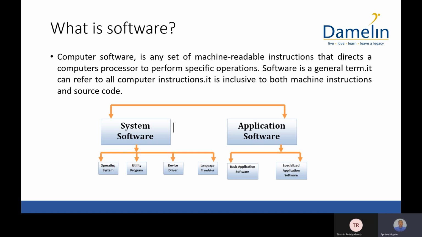And we know that we can further divide software into two main categories: system software and application software. System software, our operating systems and our utilities, such as your antiviruses, all of those are system software. And then we have application software, which allows us to perform certain tasks.